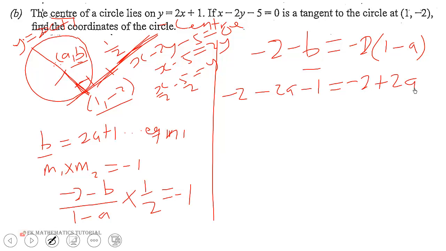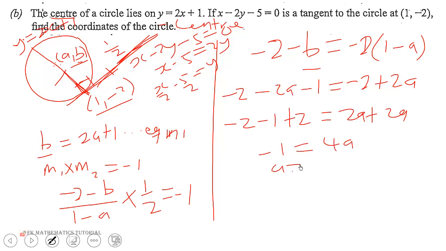So we have negative 2 minus 1 plus 2 will be equal to 2a plus 2a. So this will give us negative 1 is equal to 4a. So a will be equal to negative 1 over 4.